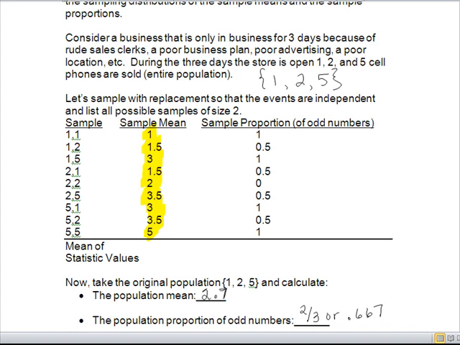So the mean of the sample means is 2.7. Alright, for the sample proportions, I want to find the mean of those. 1 plus a half plus 1 plus a half plus 0 plus a half plus 1 plus a half plus 1, and again I have 9 of them.